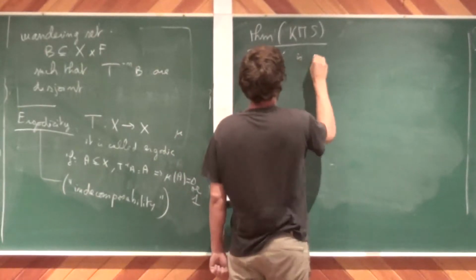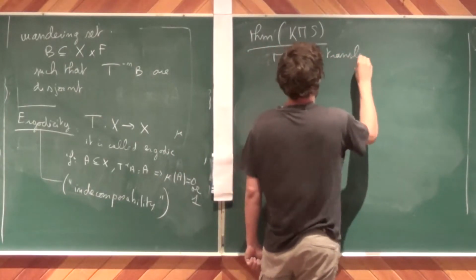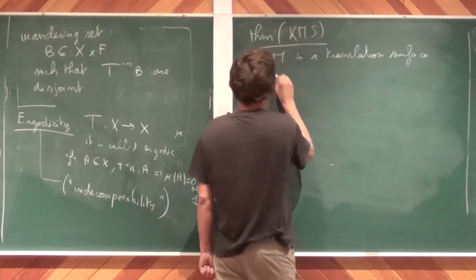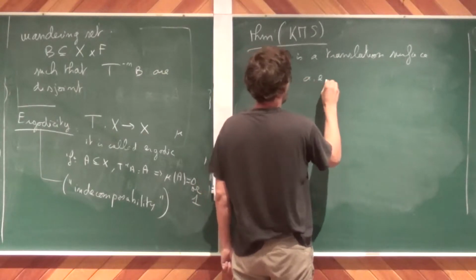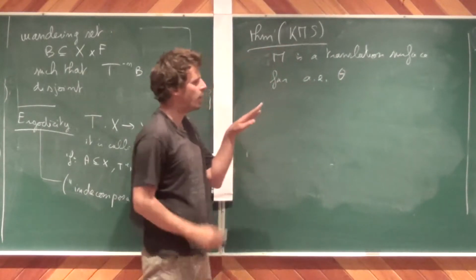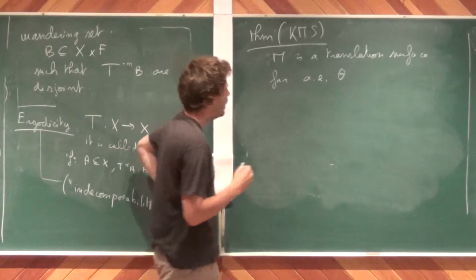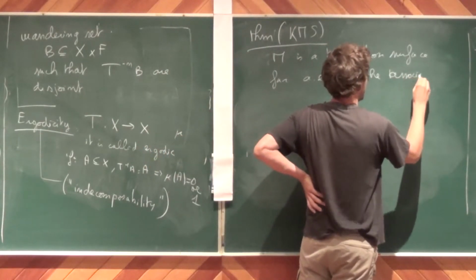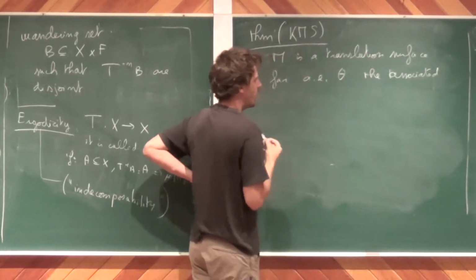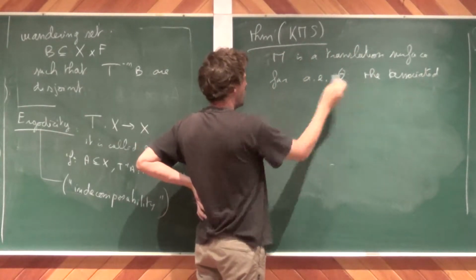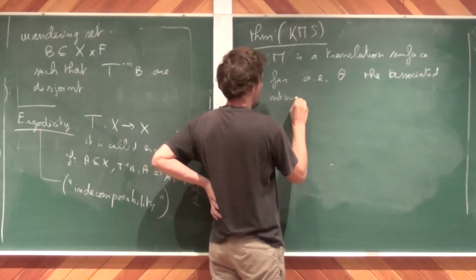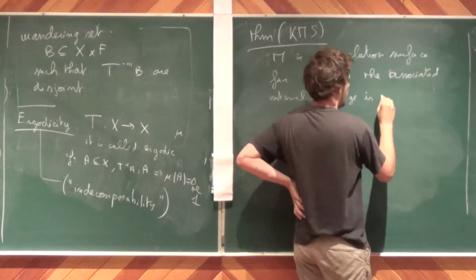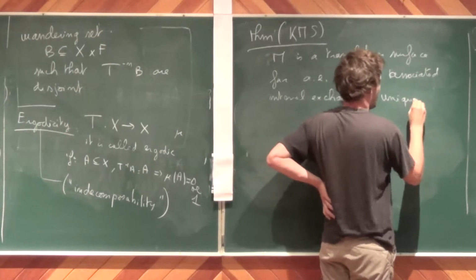If M is a translation surface, then for almost every theta, so you fix an angle and you look at the translation flow in that direction, the associated translation flow is uniquely ergodic. And you can even take the interval exchange, the associated interval exchange is uniquely ergodic. So this is stronger than being ergodic.